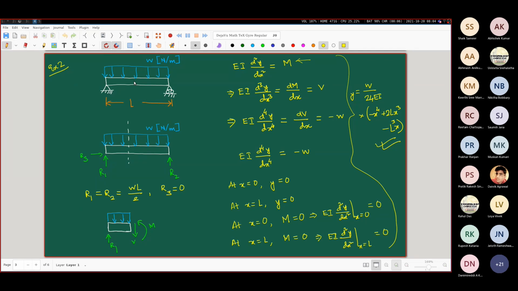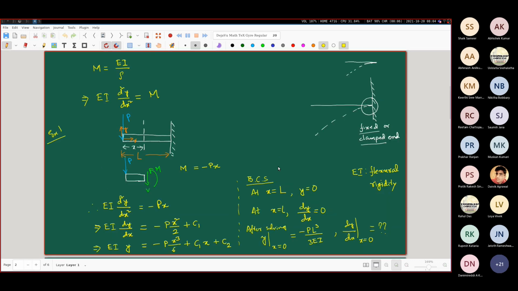I had mentioned that these kinds of problems we can solve by different approaches. This particular problem I had solved using this fourth order differential equation, while the previous problem I had solved using this equation. Please note that these are like different versions of the same story.